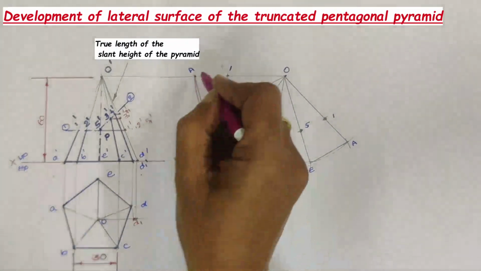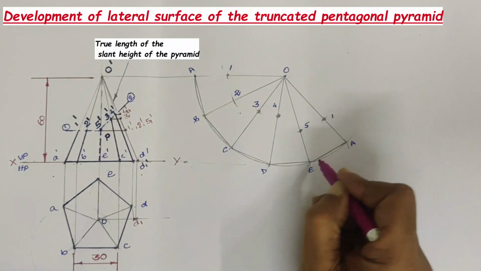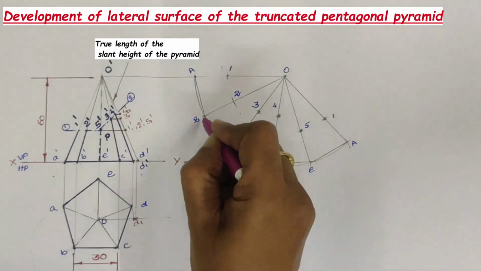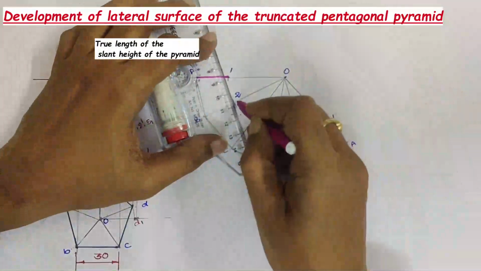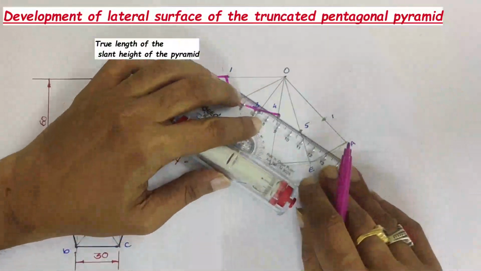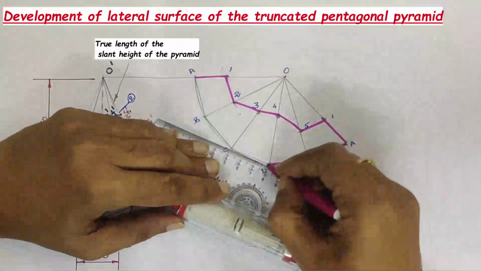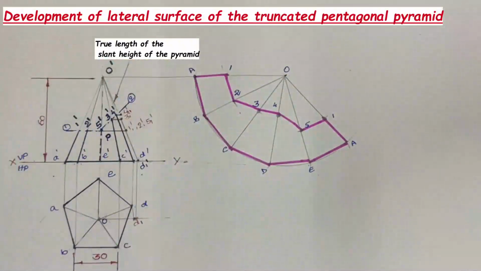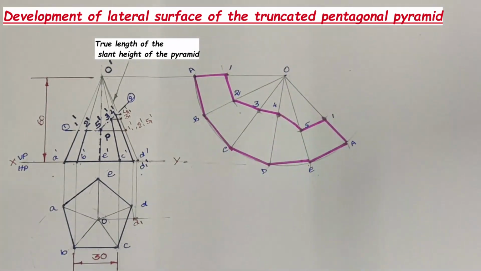Then join the points, say A, 2, 1, 1, 2, 2, 2, 3, 3, 2, 4, 4, 2, 5, 5, 2, 1, 1, 2, A, A, 2, E, E, 2, D, D, 2, C, C, 2, B, B, 2, A with continuous and dark lines with H pencil. Also dark part of the face edges of the pentagonal pyramid, say 2B, C3, 4D and 5E with continuous dark lines with H pencil.